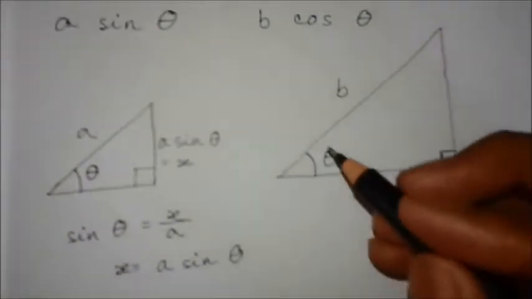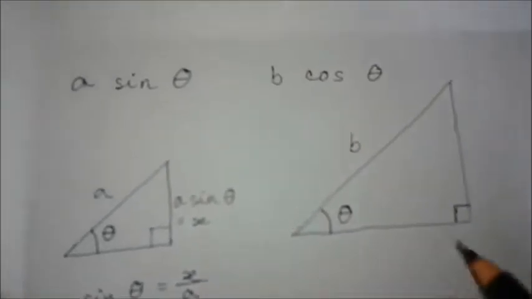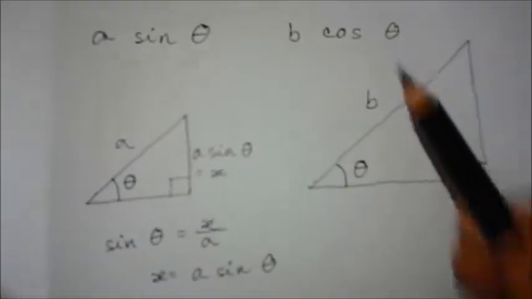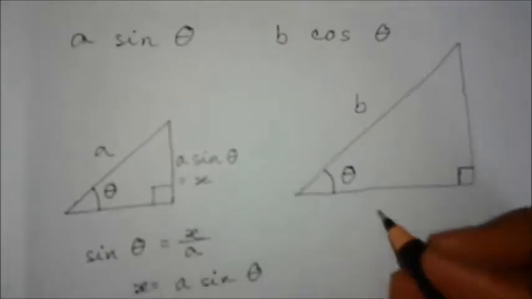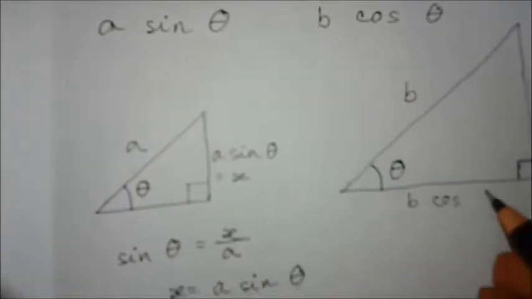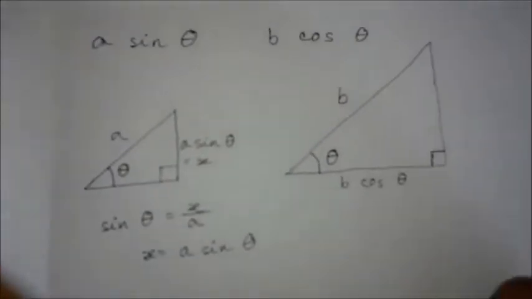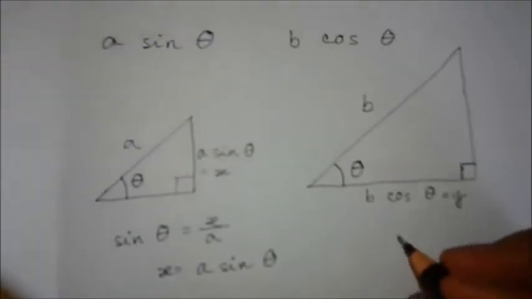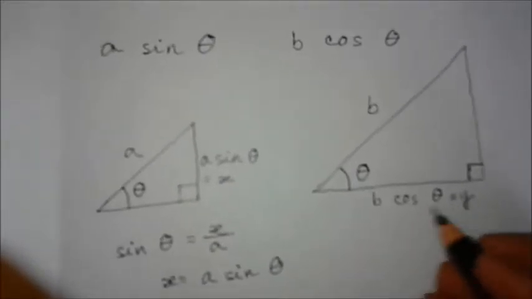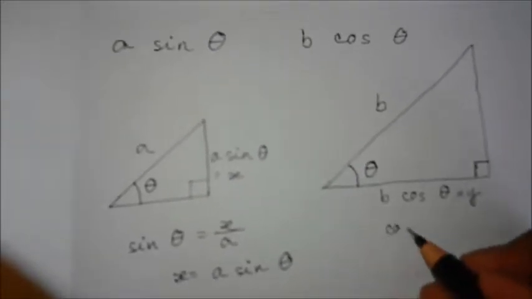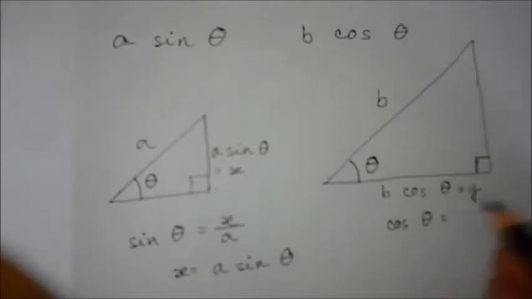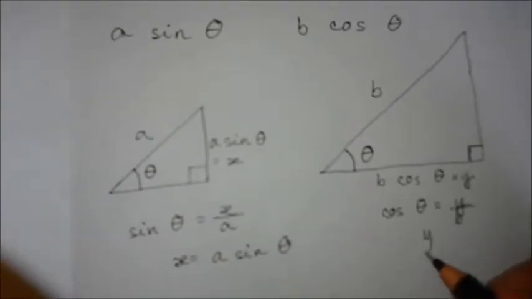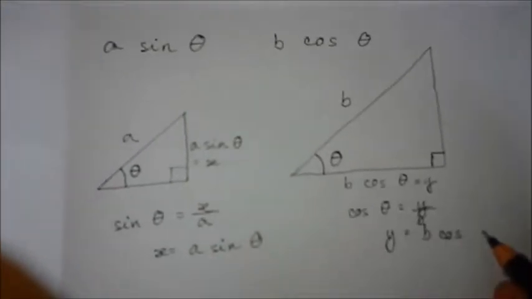Similarly for this side right over here, since cosine of theta, we can consider this adjacent side to be B cos theta. Again, using the same reasoning, cosine of theta is adjacent over hypotenuse, which is y over b, so y is b cos theta.